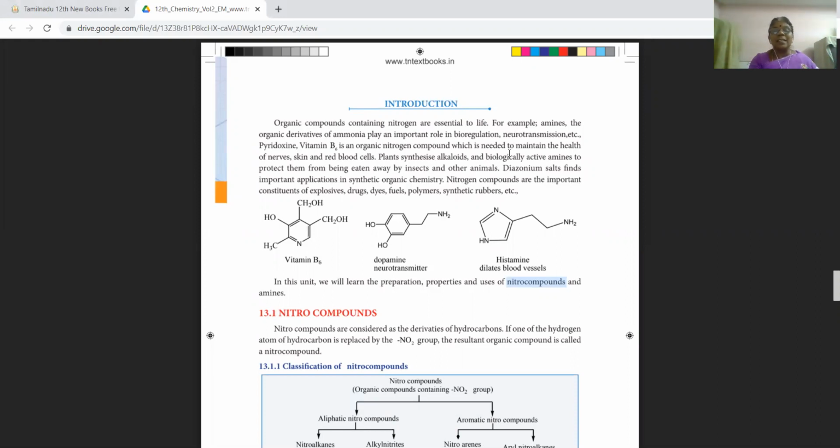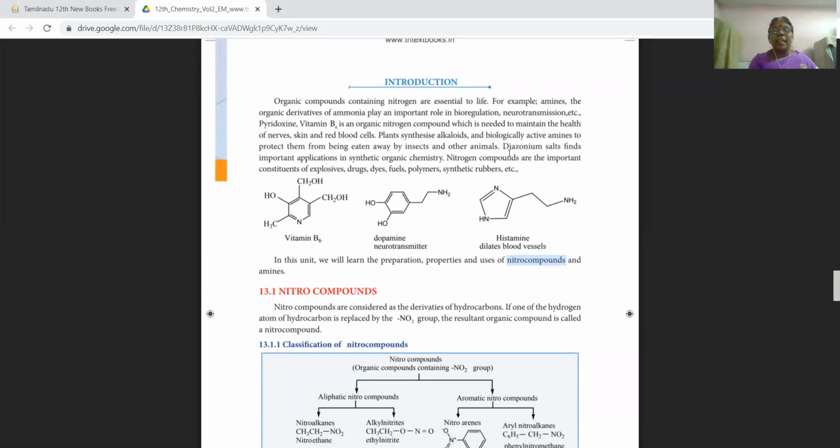Plants synthesize alkaloids, biologically active amines, to protect them from being eaten away by insects and other animals.